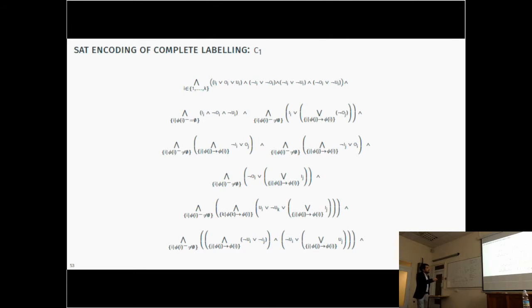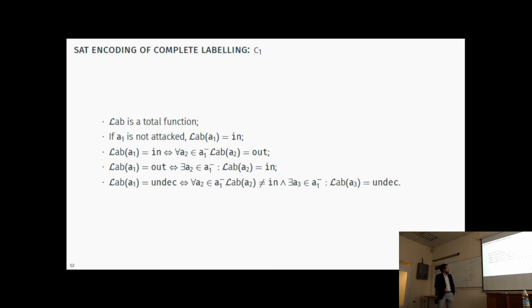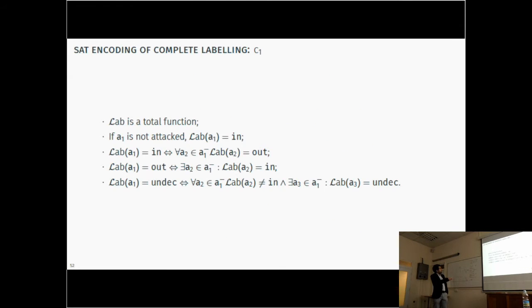And then this one says that if you don't have any attacker, then this must be labeled in, and not labeled out, and not labeled undecided. Otherwise, if you have at least one attacker, then you can transform the first condition. So argument A1 is labeled in if and only if this one.